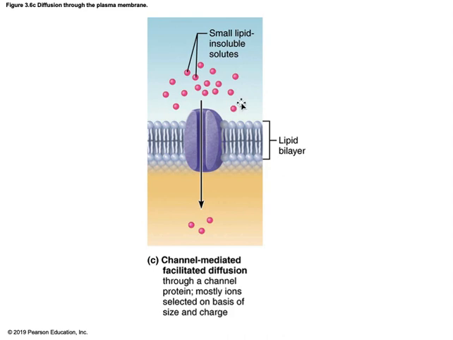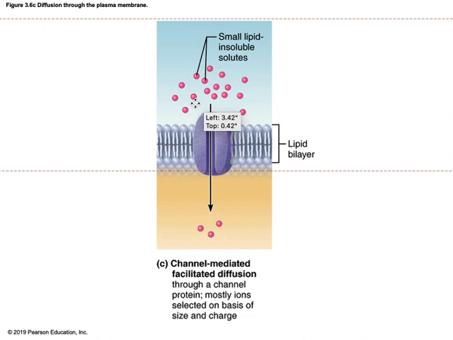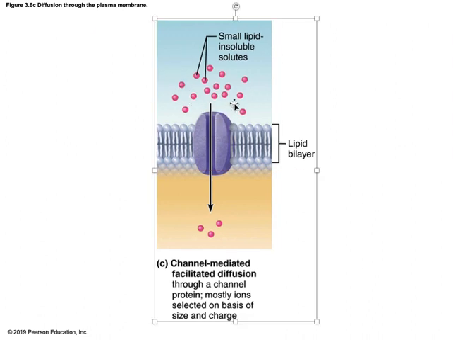Here we have some kind of a solute, maybe an ion that is deprived inside of the cell. There's very little of this ion inside of the cell. There's a great deal of this ion outside of the cell. Let's say it's the sodium ion, for example. And this is true. The sodium ion exists in higher concentration outside of the cell in the extracellular fluid and in low concentration in the intracellular fluid.